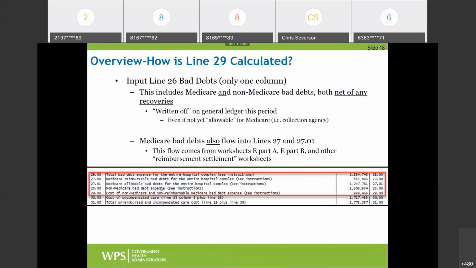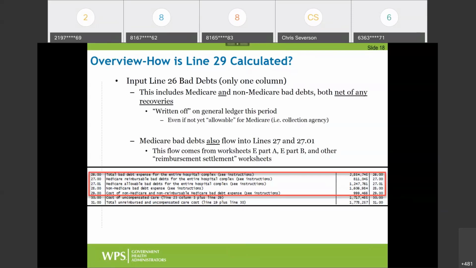So it's the total amount you've reported on all those settlement worksheets. And then line 27 is the reimbursable portion. So after the reduction down to 65%. So line 27 is 65% of 27.01. That's the Medicare reimbursable amount. Now, of course, that would only be those bad debts that were allowable for Medicare at that point.